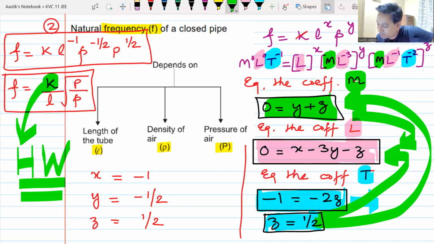Do we understand this, my dear friends, how we have done this? Can I have raised hands from everyone in the class that we have understood this? And we shall be moving on to the next question.